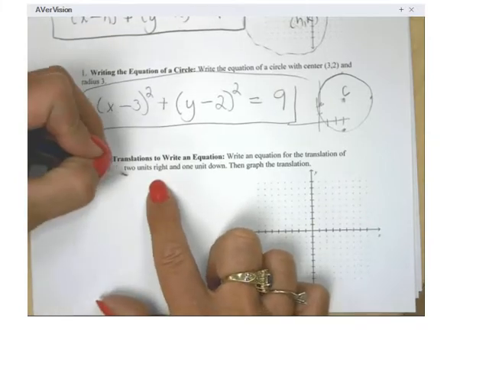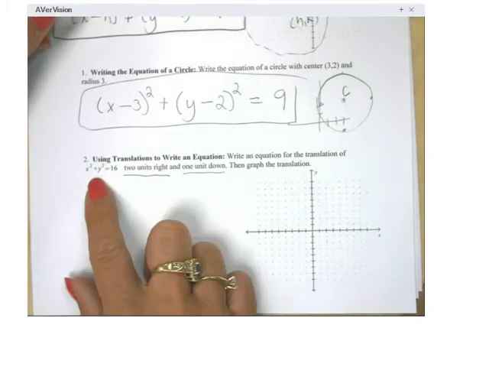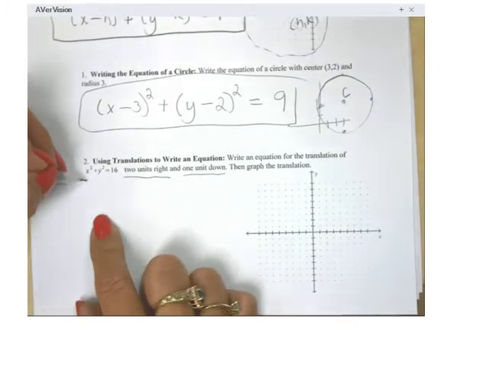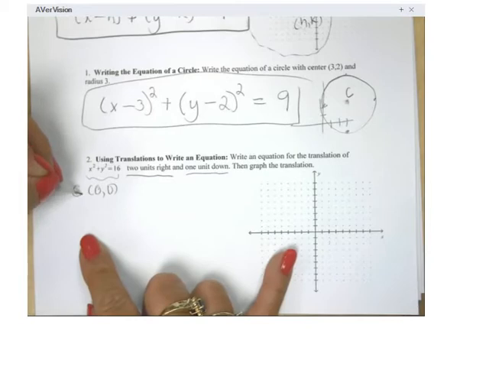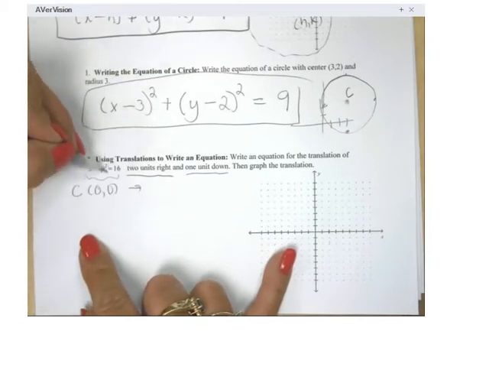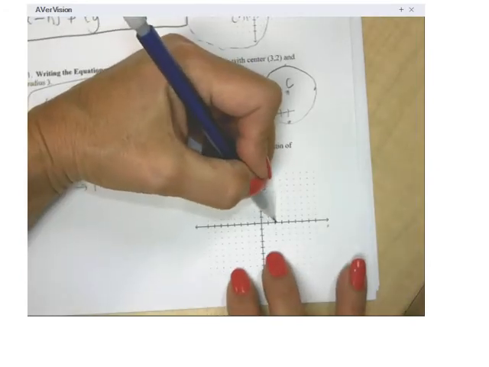Write an equation of the translation of this circle, and I need to go 2 units right, and I need to go 1 unit down. This circle has a center at (0, 0). I'm not subtracting anything away, and it has a radius of 4.